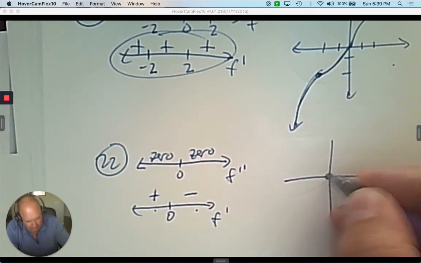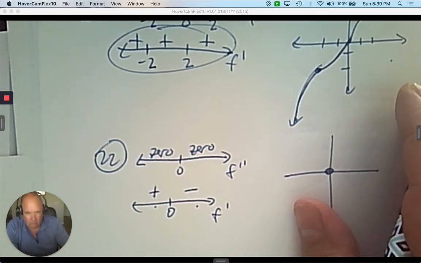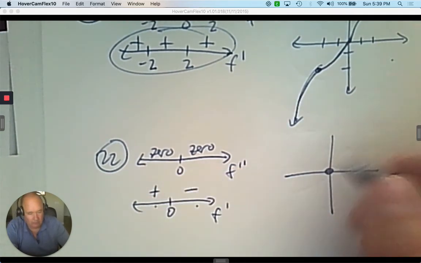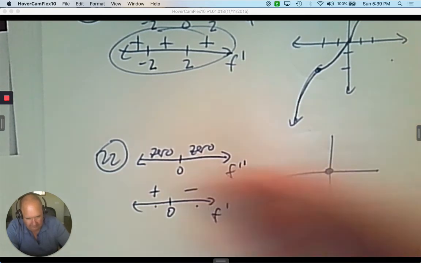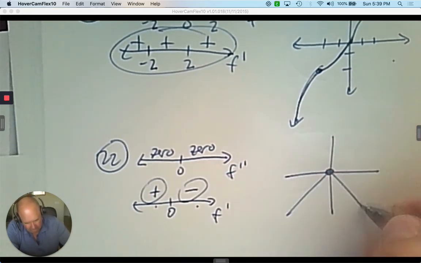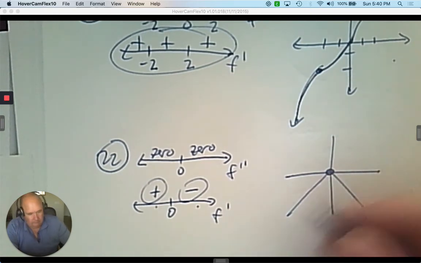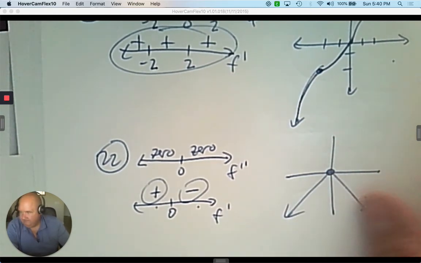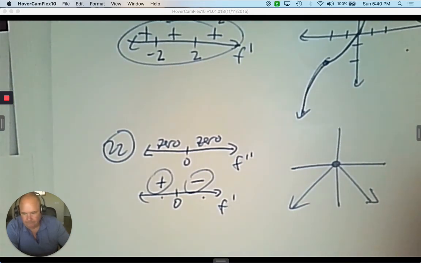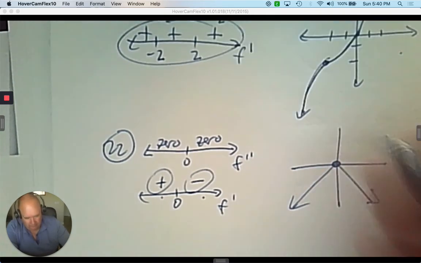So at 0, it could be a hole or it could be something else, but I do know there's no concavity. So with no concavity, it's going to be a slope line, and it's going to be increasing and then decreasing. And these have the slopes of 2 and -2, so this goes up.